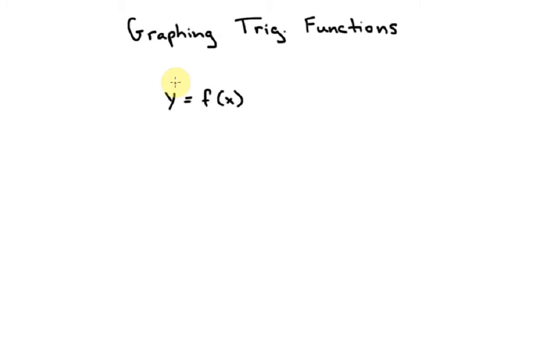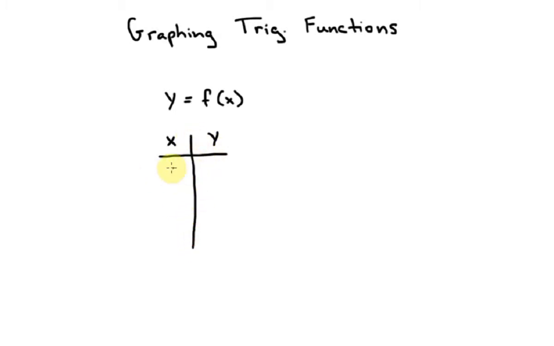Before we start graphing trig functions, I'm just going to review the procedure for graphing any function. If we have some sort of function, how do we get a picture out of this? Well, typically we figure out, in a table of values, a bunch of points. We just plug them in.